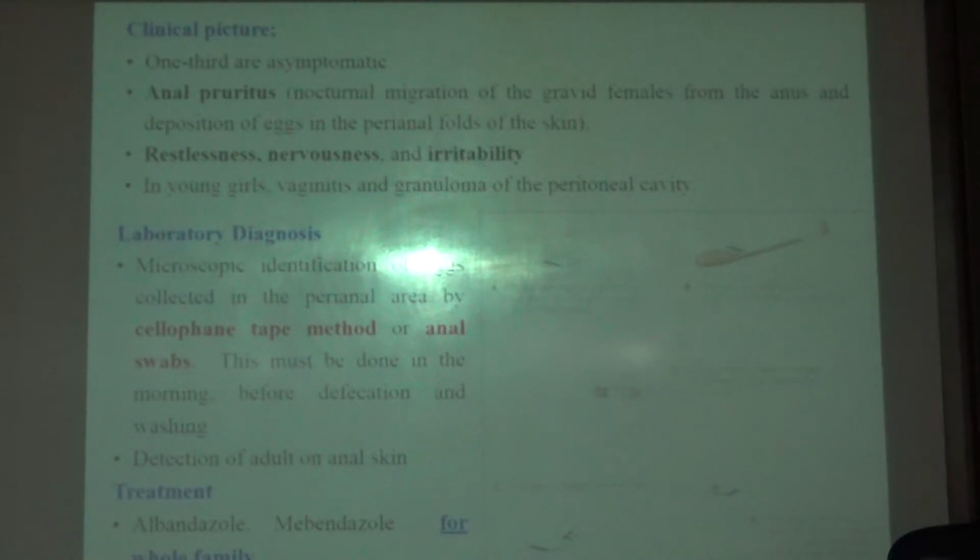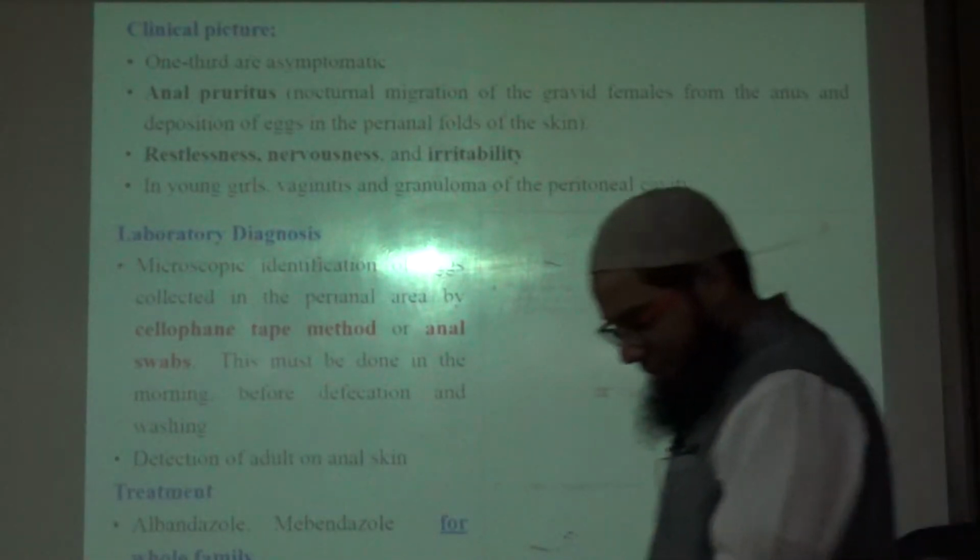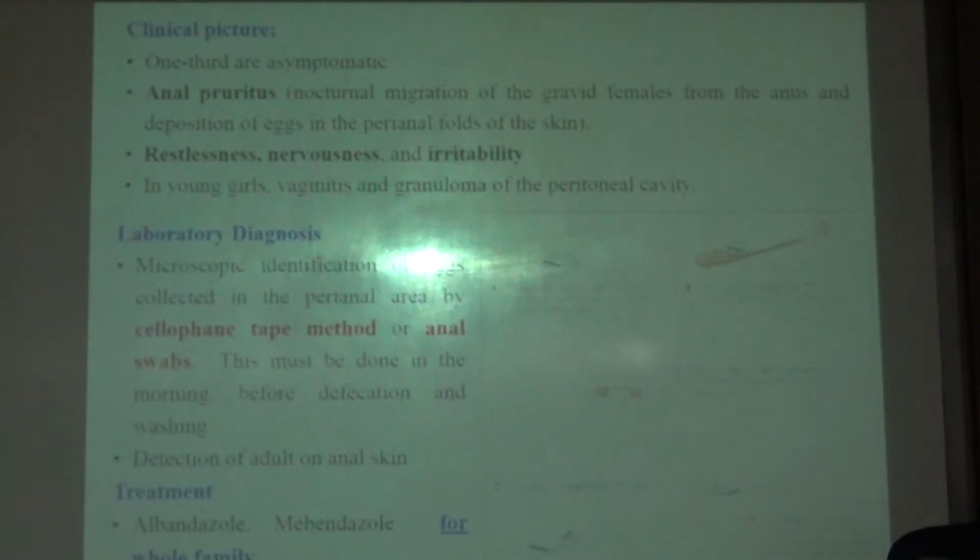What happens, the female Enterobius goes towards the anus or outside the intestine, especially in the night time, and lays eggs in the anal region of body. So we get perianal pruritus, or pruritus around the anus region.